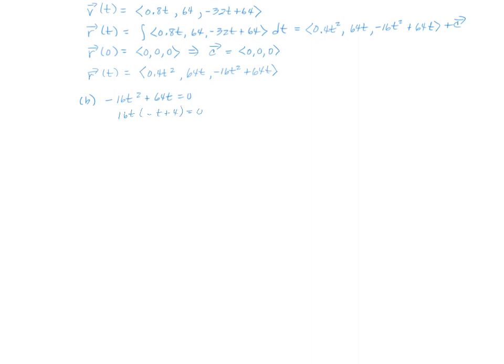And then that gives me 16t is equal to 0, or t is equal to 0, and negative t plus 4 equal to 0. So t is equal to 4. So when t is equal to 0, the ball hasn't left the ground. So the time of flight must be the 4 seconds. So time of flight is 4 seconds.